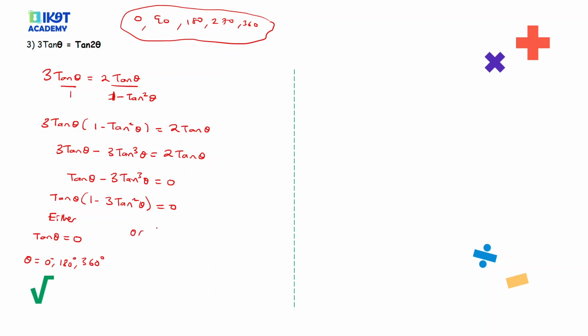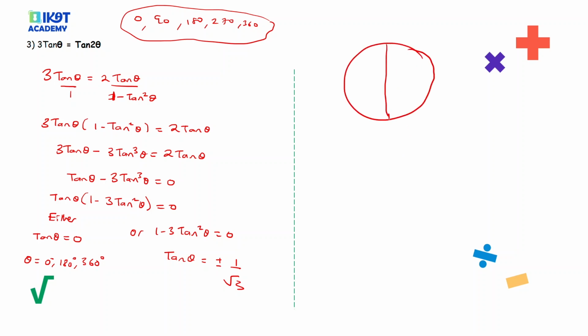And then you say, oh, 1 minus 3 tan squared is equal to 0. So you get tan theta as plus or minus 1 over root 3. So you go when tan is positive, when tan is negative. But here we just know that all these quadrants are going to be, because here it's all students take chemistry.